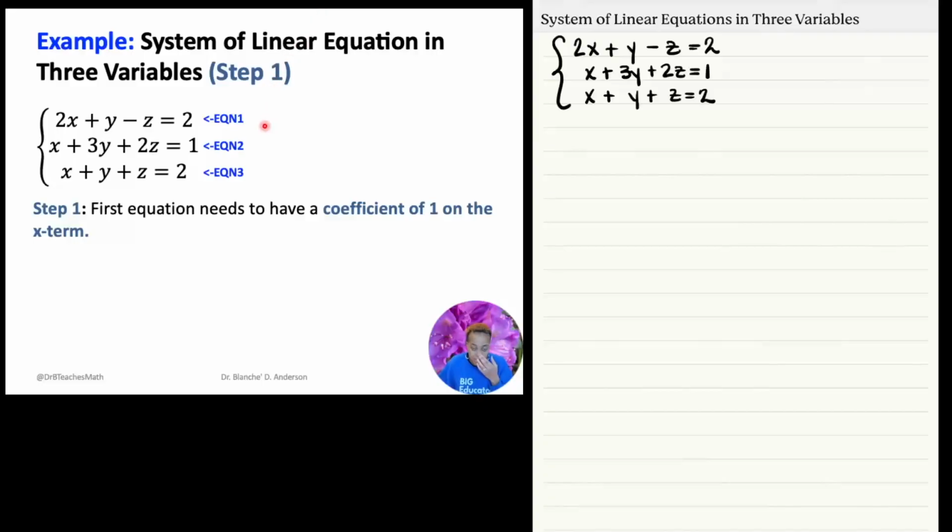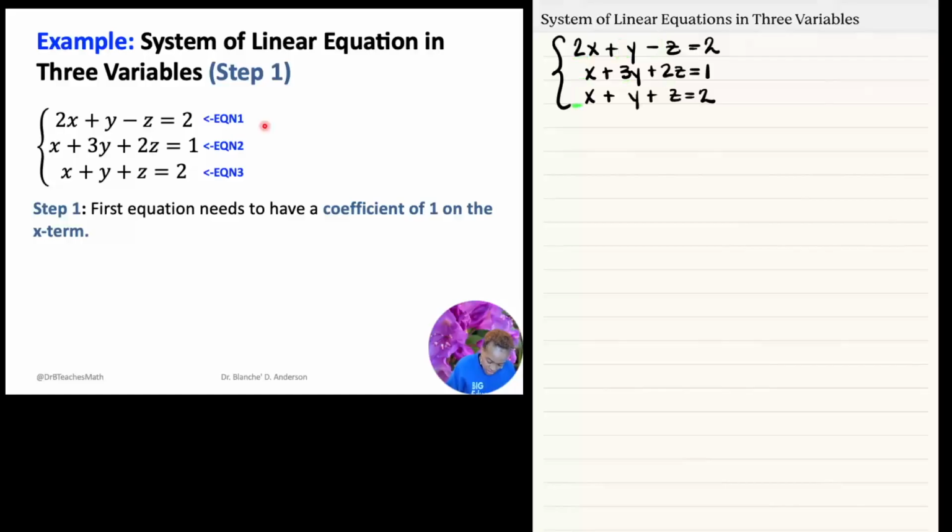Okay, cool beans. So first, step 1 says that the first equation needs to have a coefficient of 1 in the x term. The coefficients are the numbers that are in front of the variables or the terms.